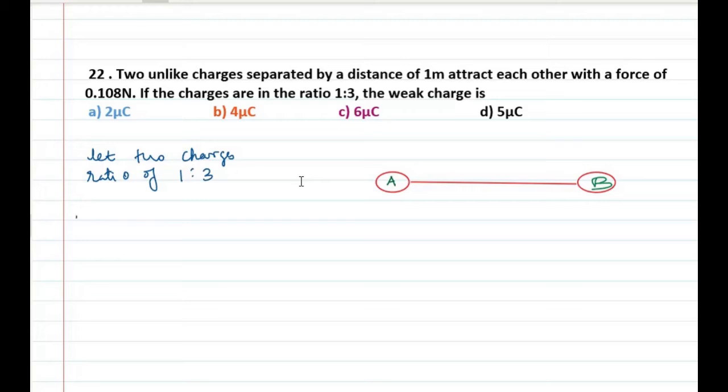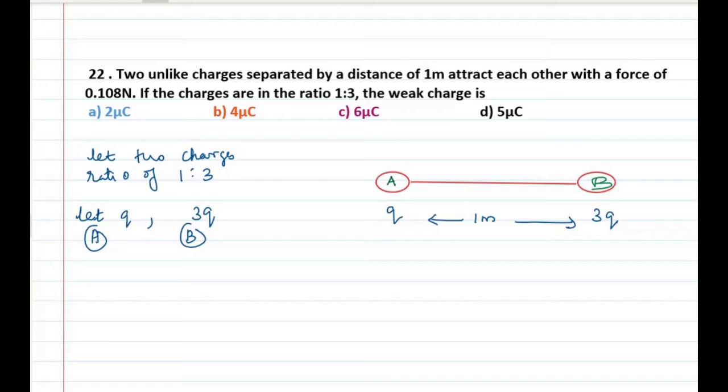So let one charge be Q and the other charge be 3Q, because it is a ratio of 1:3. So in the diagram at A it is Q and at B it is 3Q. They are separated by a distance of 1 meter.